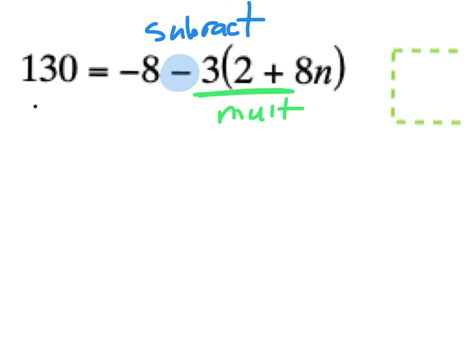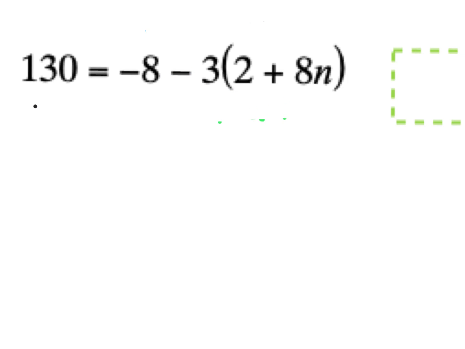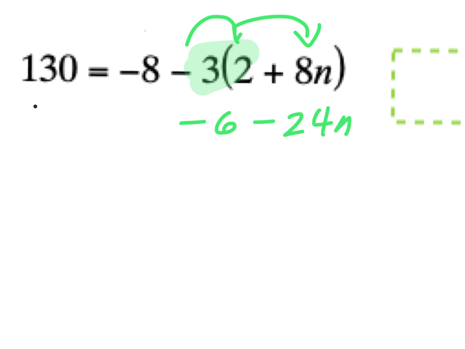So even though it's tempting to do that subtraction first, because they are like terms and they're on the same side of the equal sign, you cannot do that. You're going to once again want to do your distributive property, which when you do that, gets you negative 6 minus 24n. I'm going to bring down everything else.